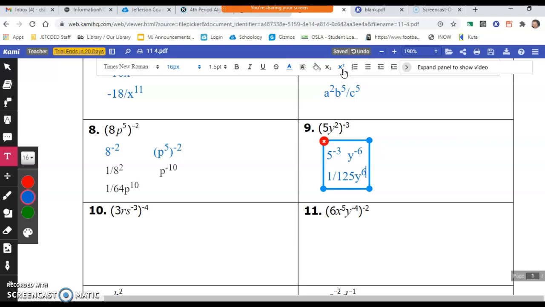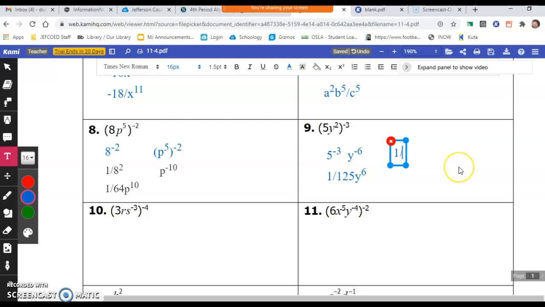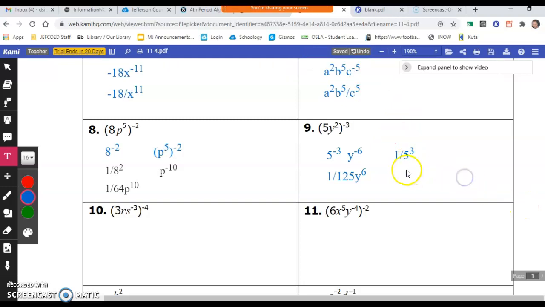Okay, we'll move it to the bottom of the fraction, and then it's a positive exponent from there. What we did was, I don't want to say we skipped a step, but we went ahead and did 5 raised to the power of 3. So we just did 5 times 5 was 25, and then 25 times 5 was 125. Okay?